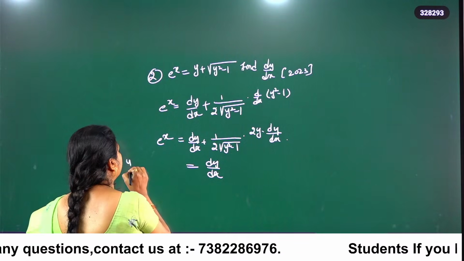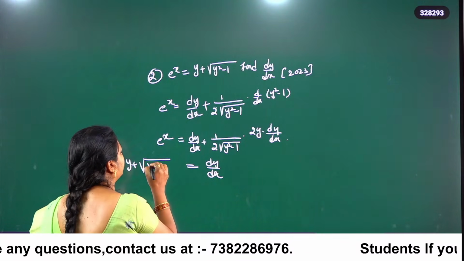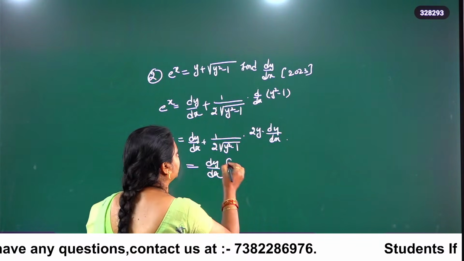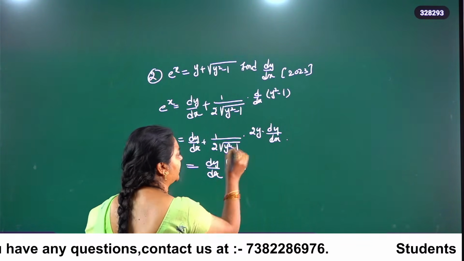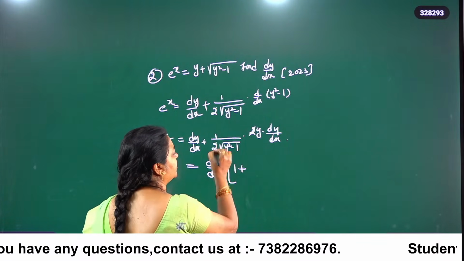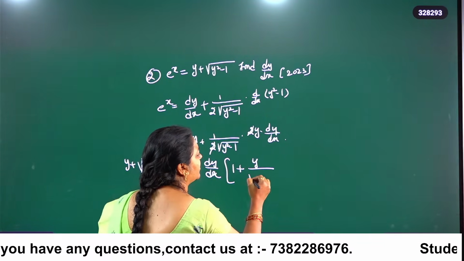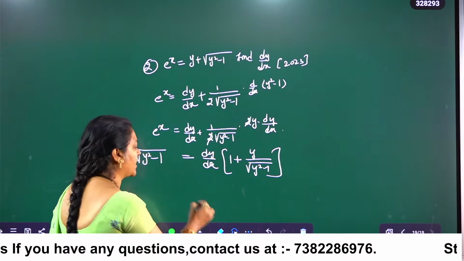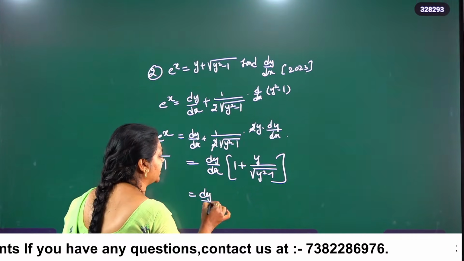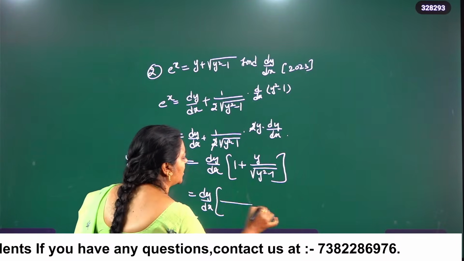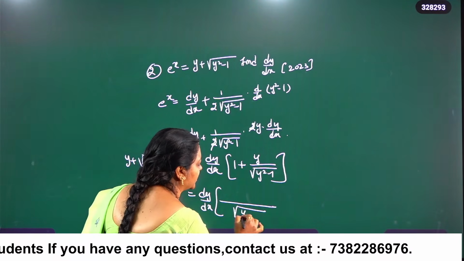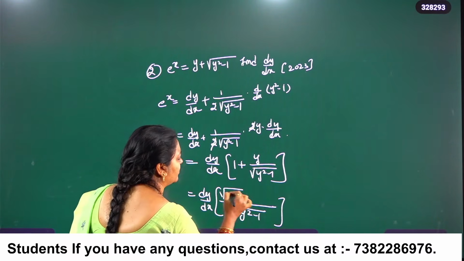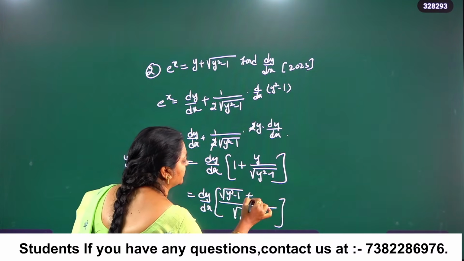What is e power x? E power x is nothing but y plus under root of y square minus 1. And here by taking dy by dx common, 1 plus, 2 and 2 will get cancelled, we have y by under root of y square minus 1. Now dy by dx is equal to, by cross multiplication, this will become under root of y square minus 1 plus y.